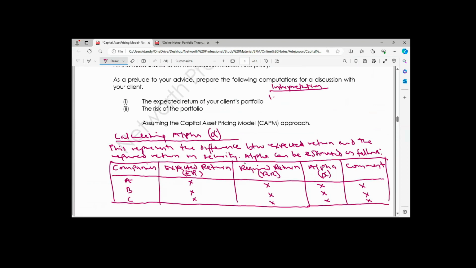So number one, if expected return is greater than the required return, then the security is undervalued. If the security is undervalued, what are you supposed to do? More of the security should be bought.